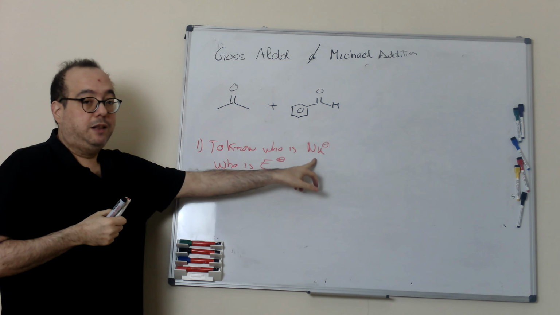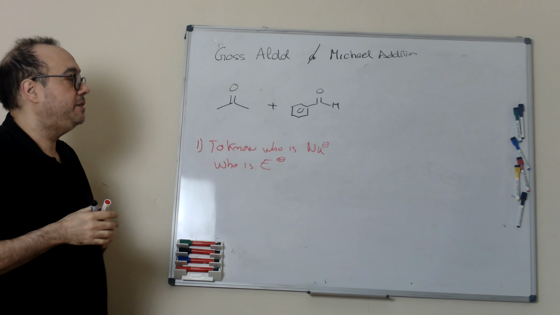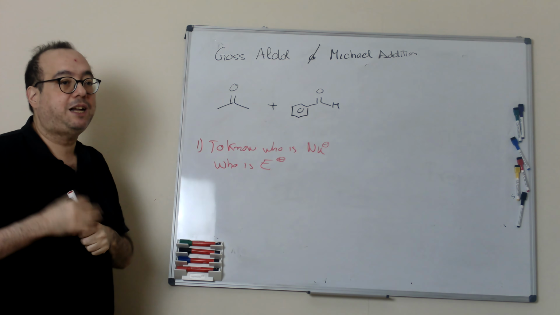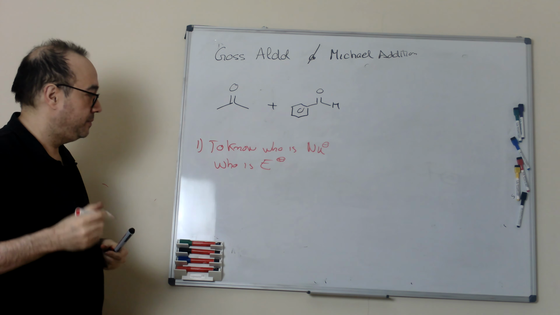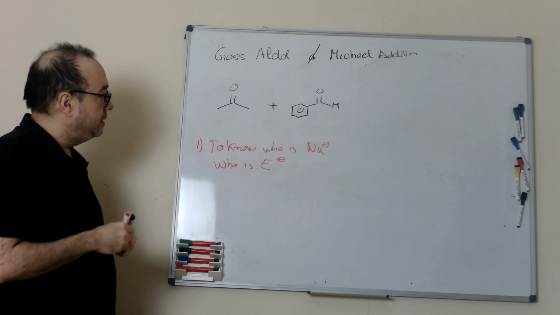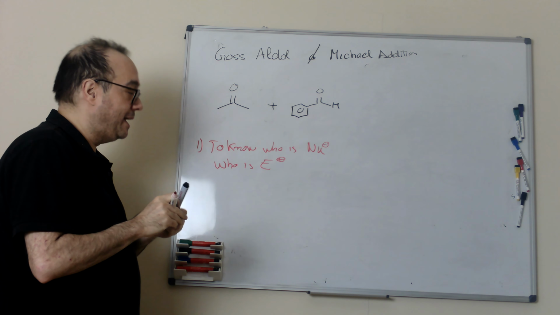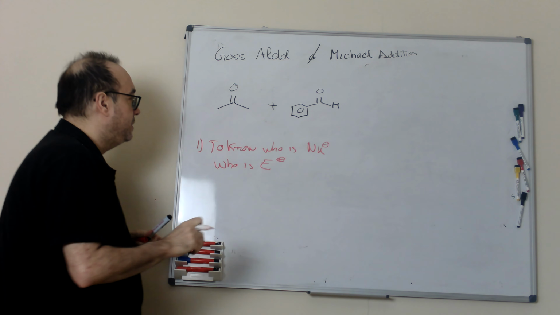Who is the nucleophile? In order to find the nucleophile, we need to find which of these compounds can form an enolate or an enol. Both options are valid. That means it's easy to find if they can form the enolate.